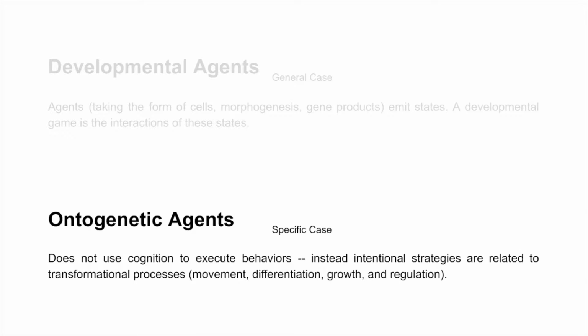A specific case of a developmental agent is an ontogenetic agent. And an ontogenetic agent, it's an important distinction to make, because ontogenetic agents do not use cognition to execute behaviors. In the example we saw before, all those processes unfold, but there's no cognition, there's no intention behind the behaviors.